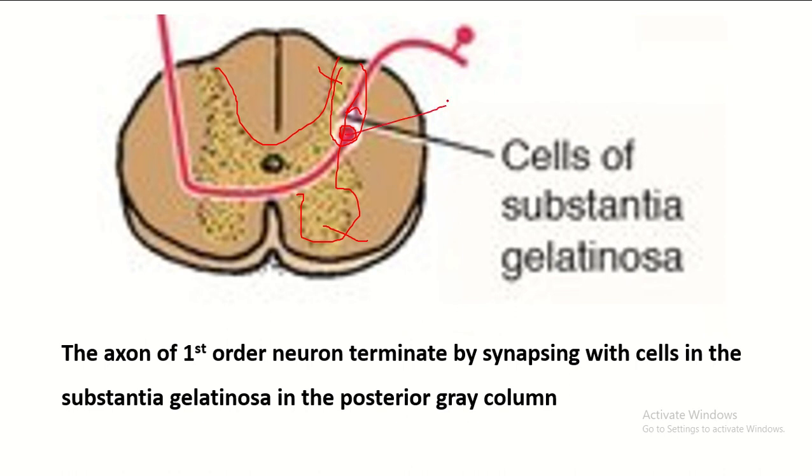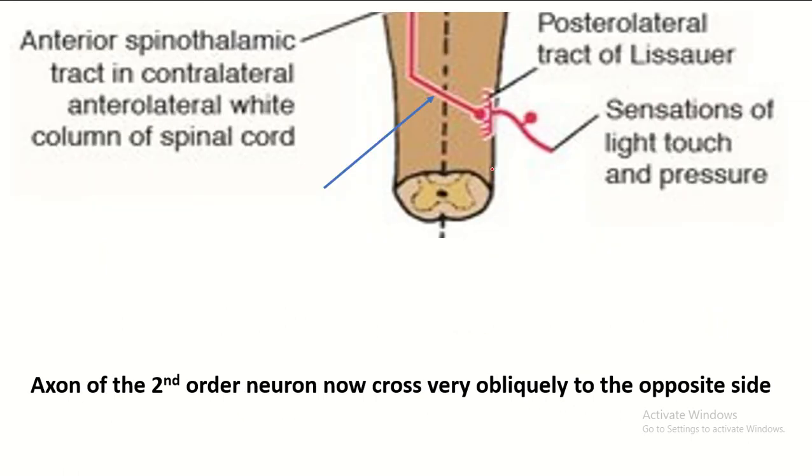So this is the second order neuron. Then the axon of the second order neuron goes to the opposite side of the spinal cord very obliquely and then ascends.